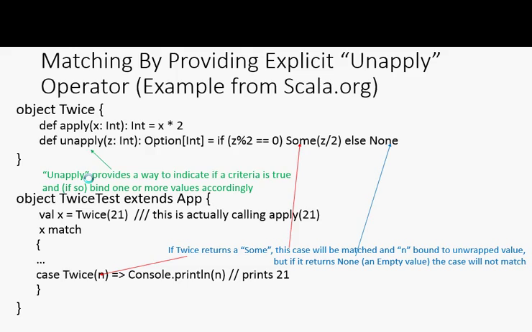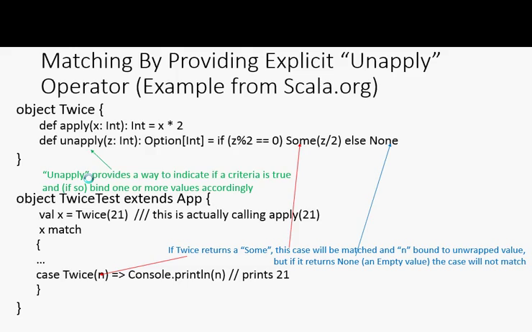If it gets 2 given to it, it's going to return 1. But Some, and that Some is an Option. It's an option of n, and that's going to indicate, if it's returning Some of z over 2, that it did match. So it got in, let's say 42. It now returns an option value wrapping 21.